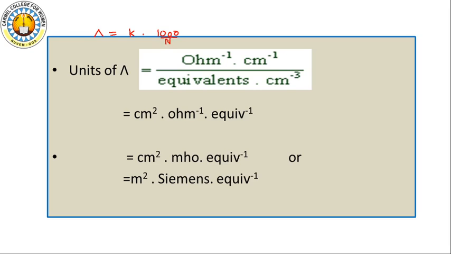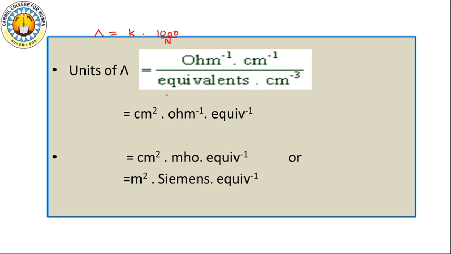So here, the units of K, specific conductance, are per ohm per centimeter, and the units for normality will be equivalents per centimeter cube, or you can say equivalents centimeter minus 3. The volume is in centimeter cube.